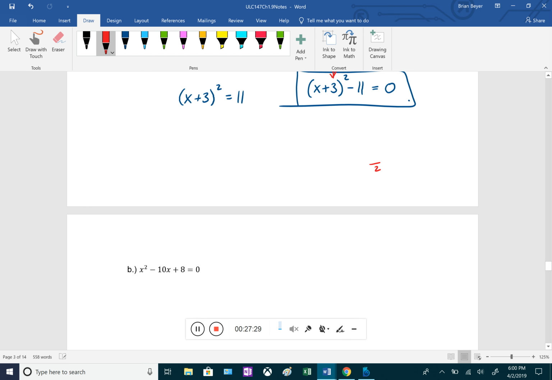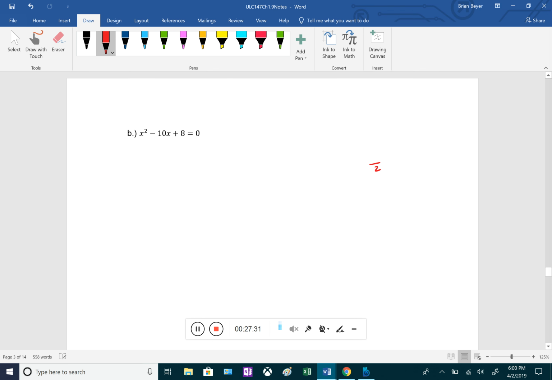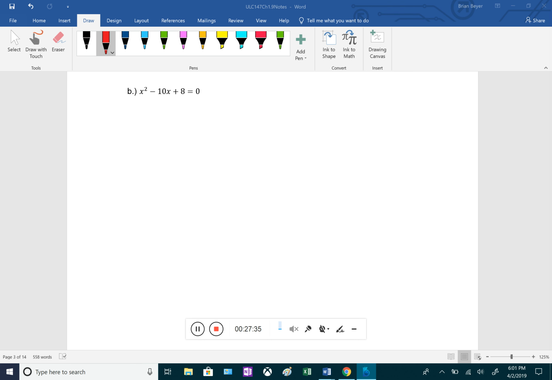Okay, so let's do one more of these to make sure we're good with them. x squared minus 10x plus 8 equals 0. First step, let's get the constant on the other side. We have to subtract 8 on both sides. The next step, we have to add (b over 2) squared to both sides. Our b value is negative 10, so we have to be careful.